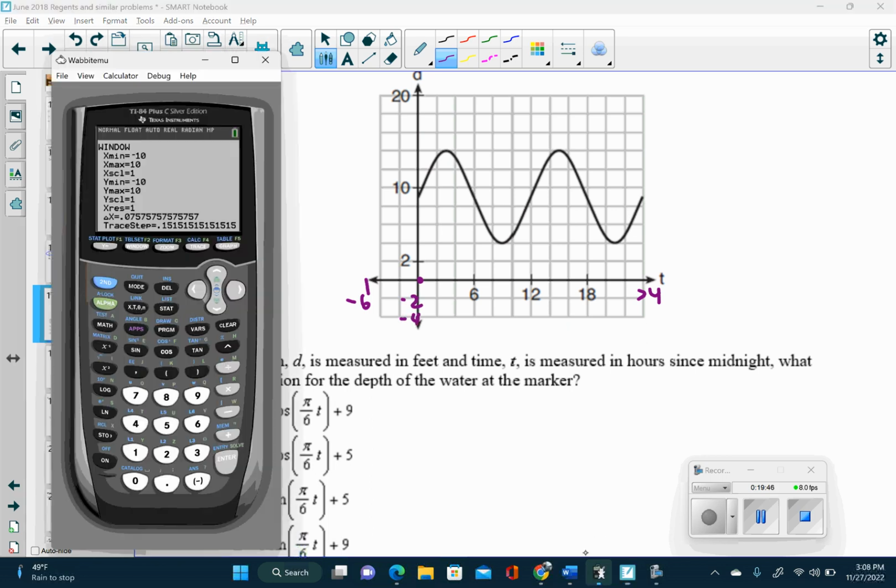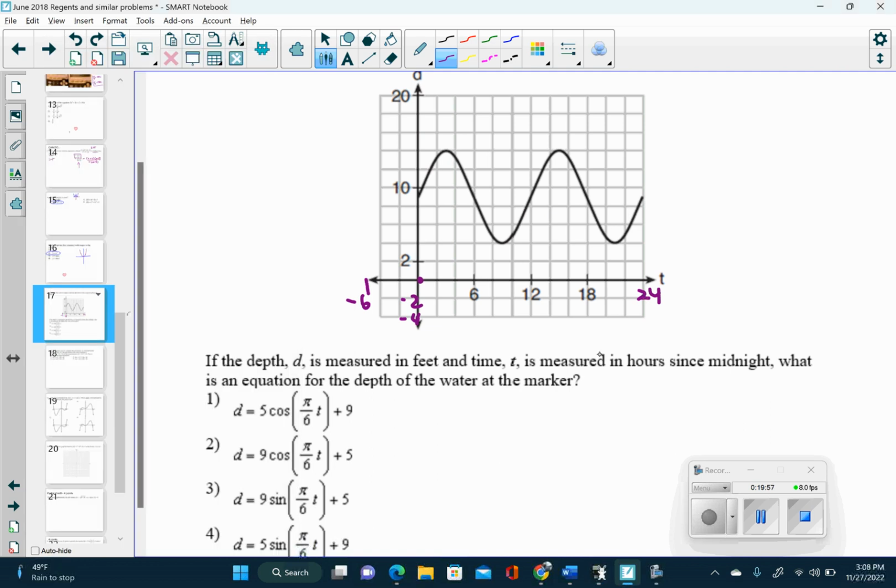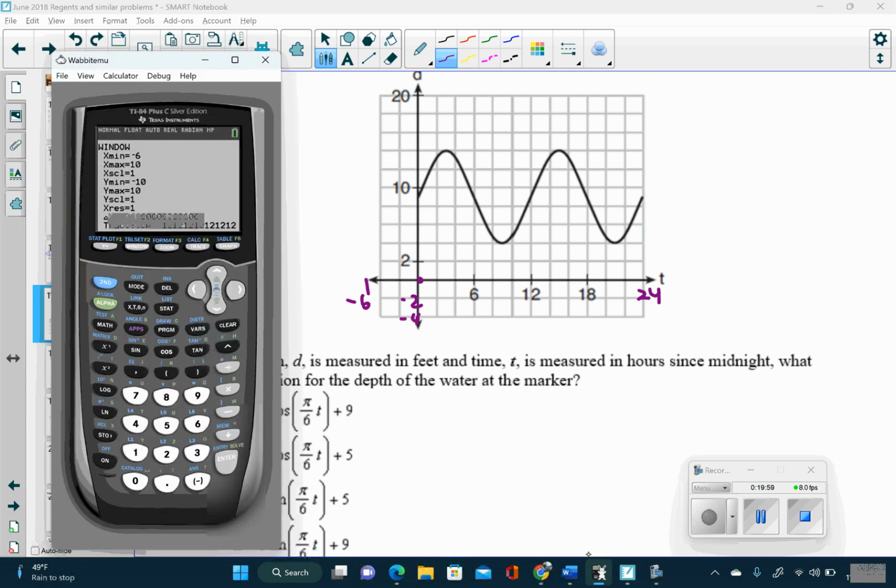So I'm going to go to my calculator and change this. So my x min, let's go ahead and put it as -6. I could have done it as -4. My x max is 24, because I want my calculator to look exactly like this. So I'm going to put 24. The scale is going up by 2, 4. It's going up by 2's. So I'm going to change my scale to 2.